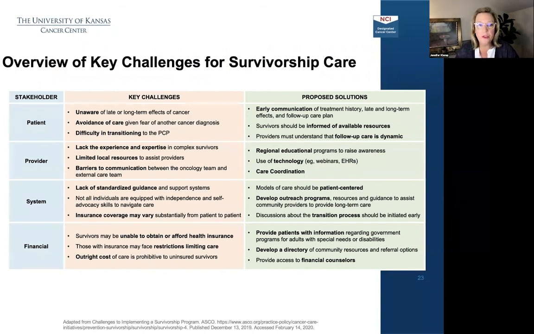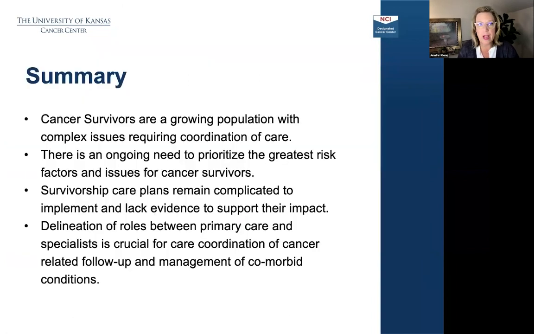So I wanted to include this because I think it's a nice resource for you, relatively new as well, to help empower you to take this resource back and say, hey, we aren't optimizing our EMR, and we're not going to be able to do this across the board, across our 5 locations, across our 1 location, if we don't have some standardization and if we're not really effectively using our technology. So please, use these to strengthen your argument and to frame your development or your growth as you're deploying and implementing new survivorship strategies.